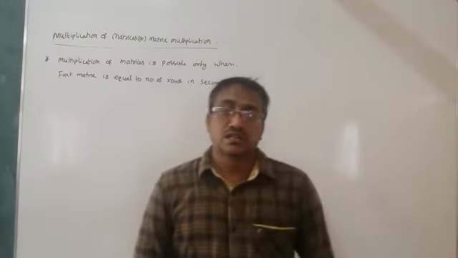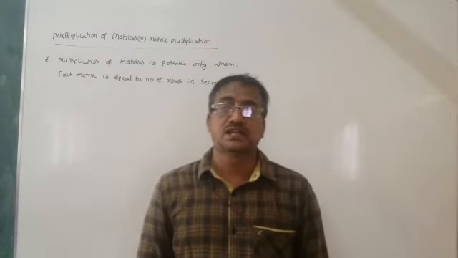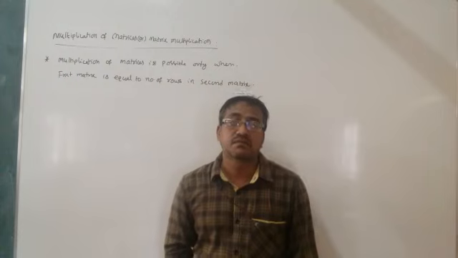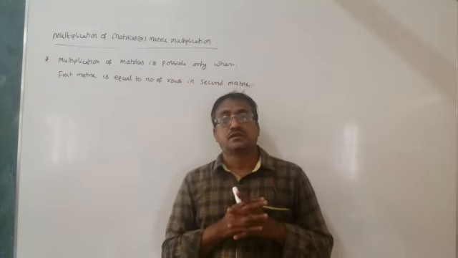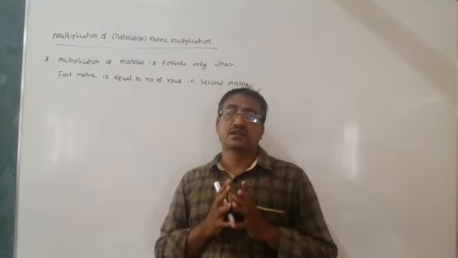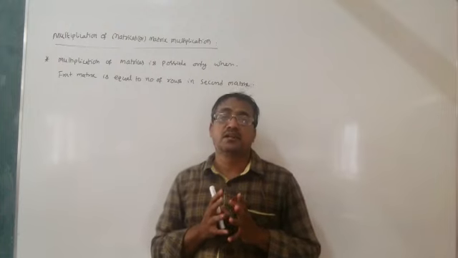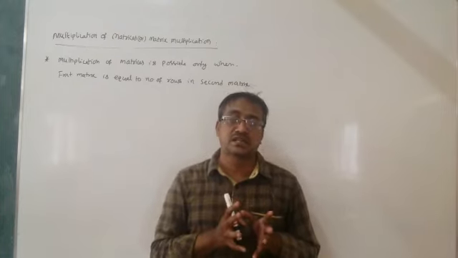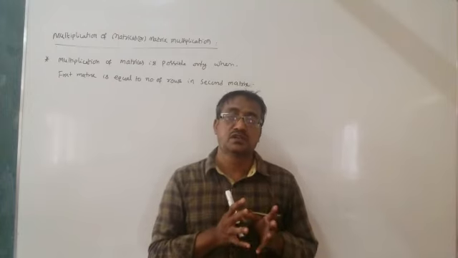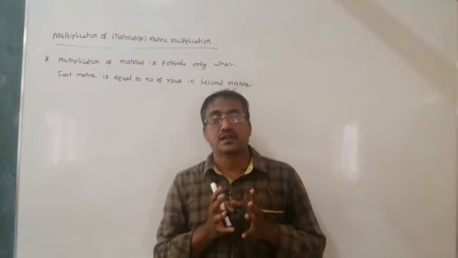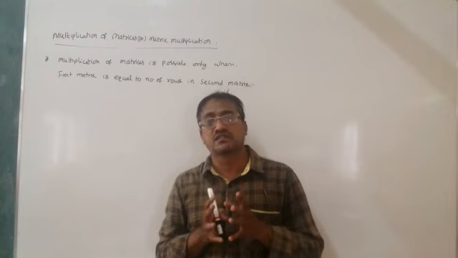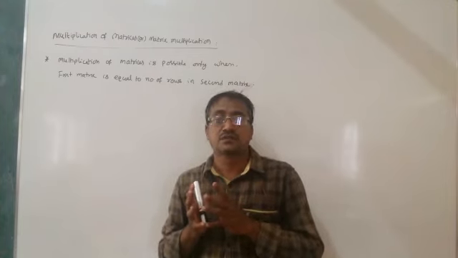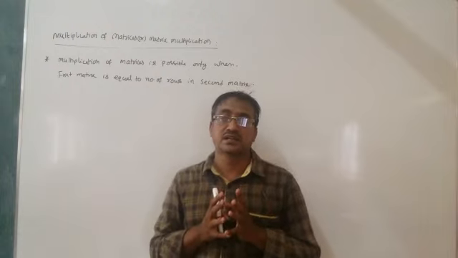Another important concept, multiplication of matrices or matrix multiplication. It is very important to remember that matrix multiplication is possible only when the number of columns in the first matrix is equal to the number of rows in the second matrix.